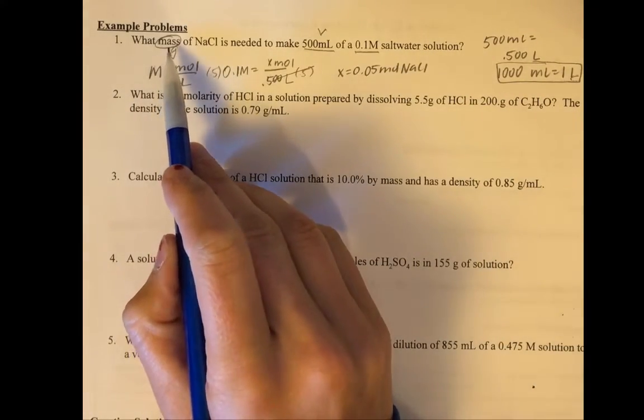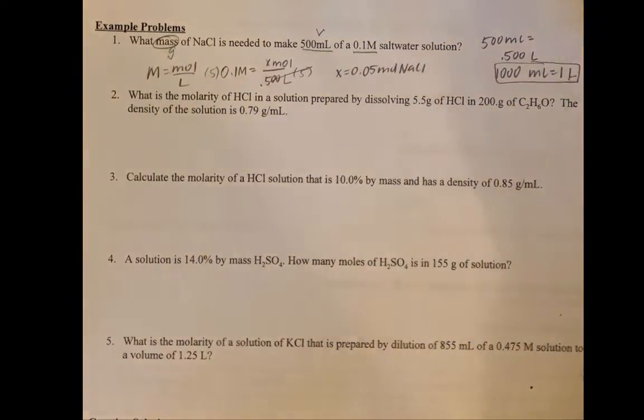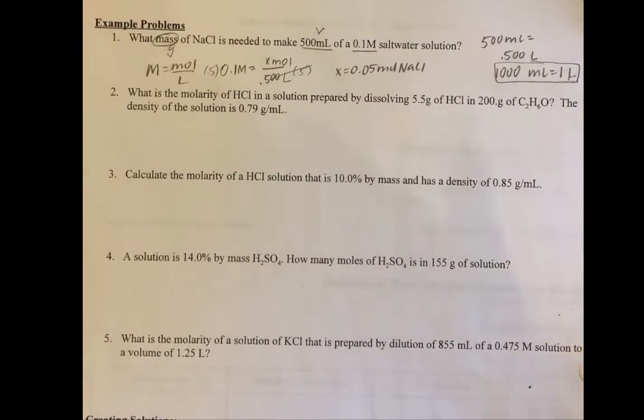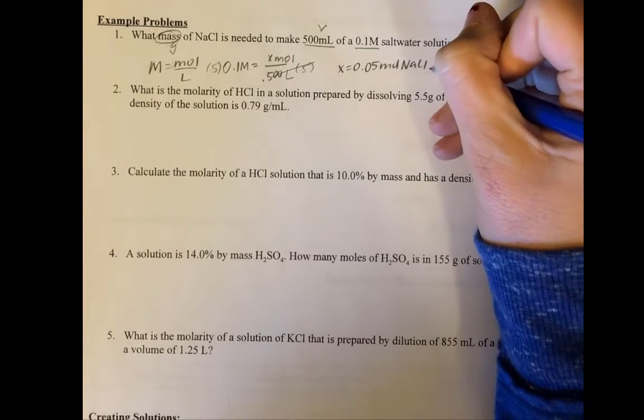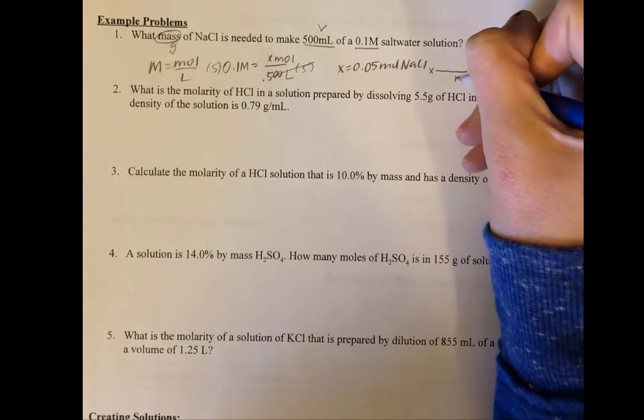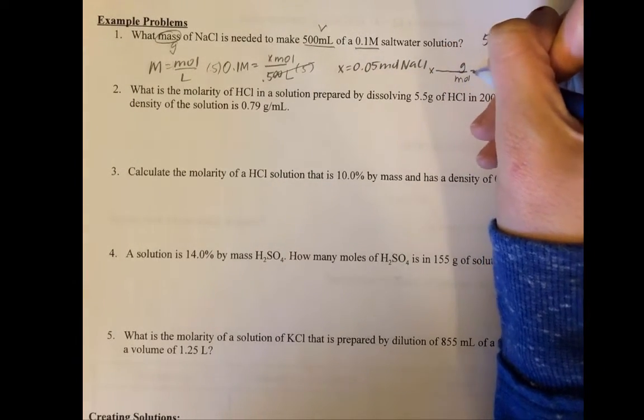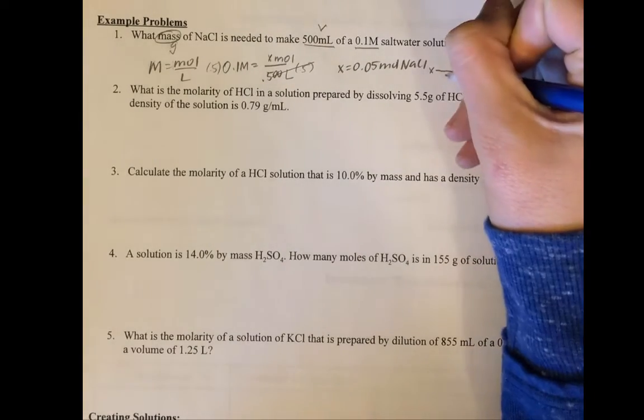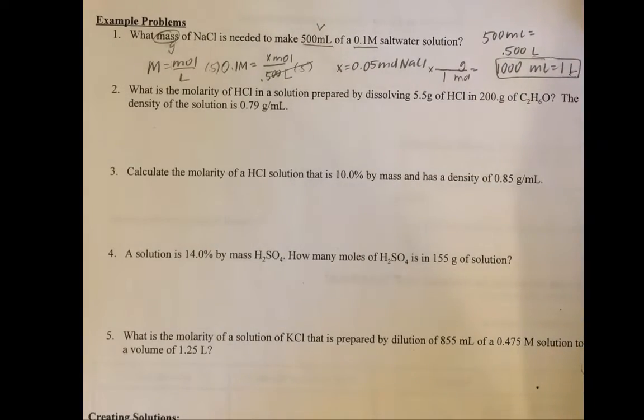Now the problem doesn't want moles, it wants grams, because if we were creating this solution in lab, we'd have to use an electronic balance, and that only measures in grams. So now we have to think back to how we went from moles to grams. Think back to when we did stoichiometry. For every 1 mole of a substance, there's a certain number of grams, that's the molar mass.